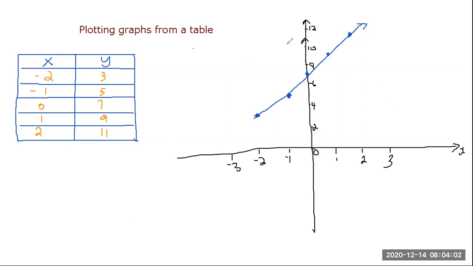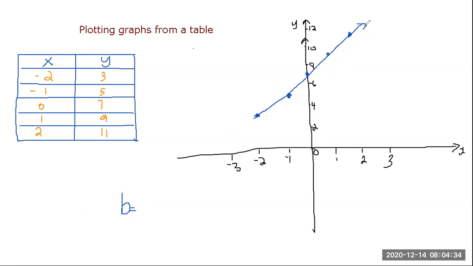And from here, what would I say my y-intercept is? So you know y-intercept is represented by b. What would be my y-intercept? You could look at the table, you could look at the graph. Where does it cross the y-axis? So remember, this right here is the y-axis, right?